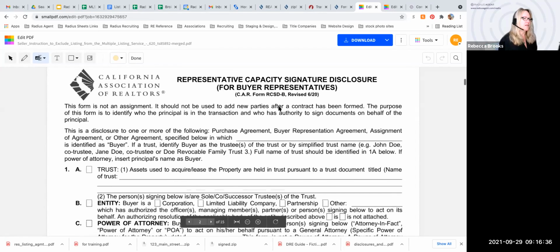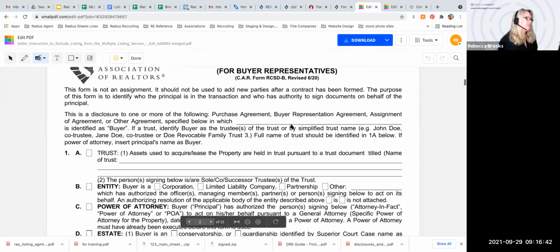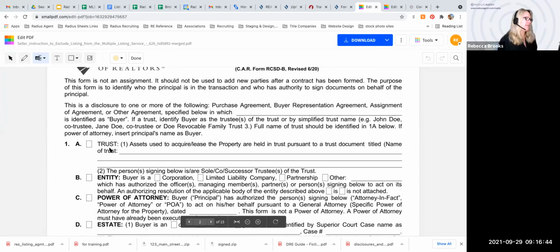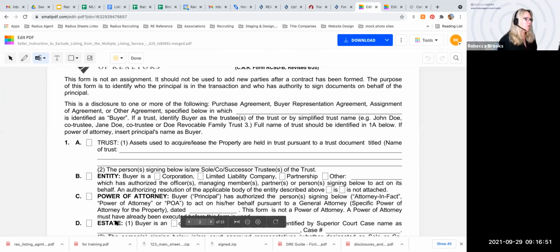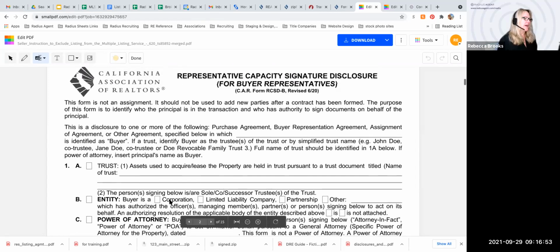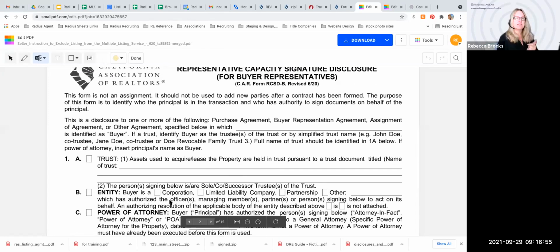And what this is, when you have a client, whether it's a seller or a buyer, if your client is an entity, okay? And so it means that if the client is a trust, a corporation, an LLC, a partnership, or maybe a power of attorney or an estate, that entity, the title is within that entity who holds title.